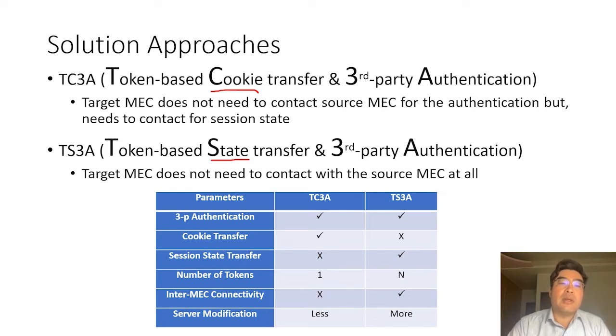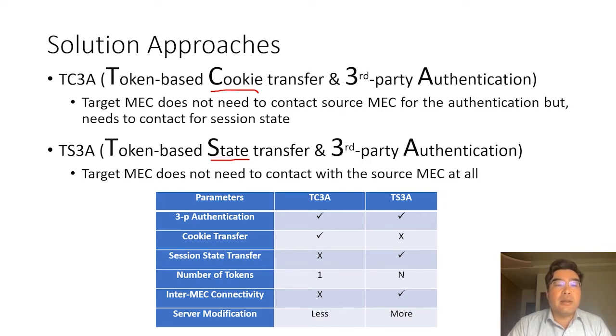So here you send the cookie value to the target MEC, and the target MEC will then contact the source MEC and pass the cookie, so that the source MEC will send the state to the target MEC.